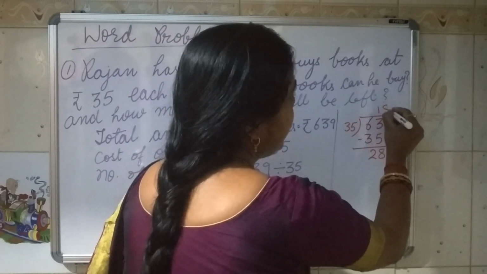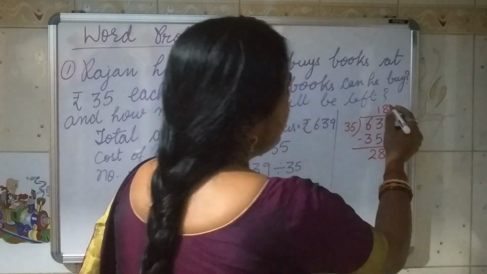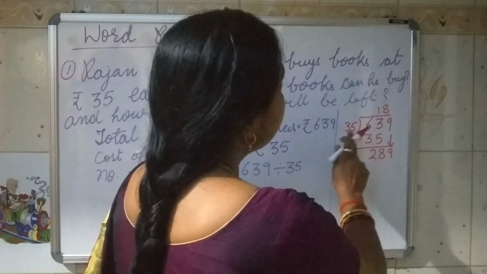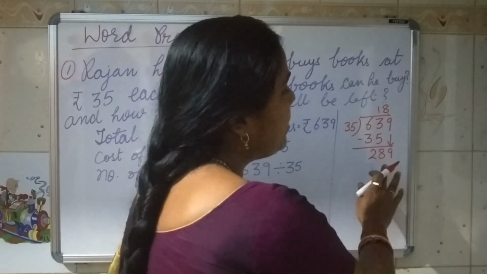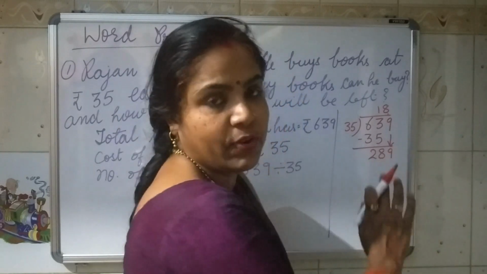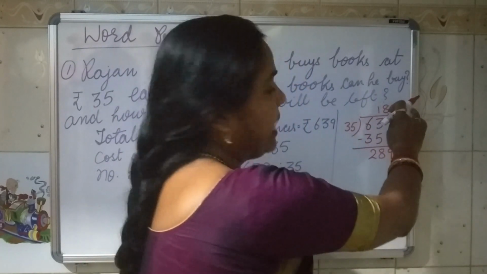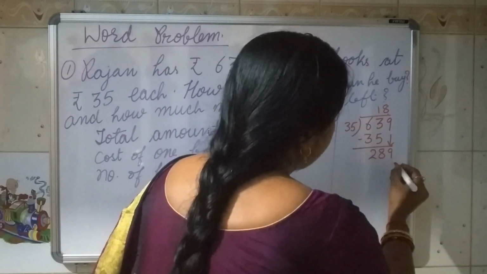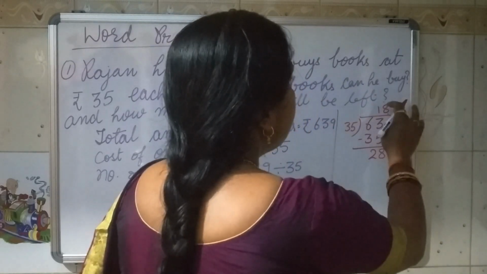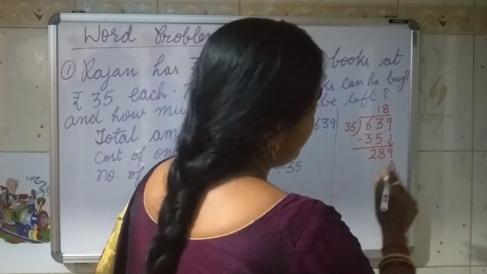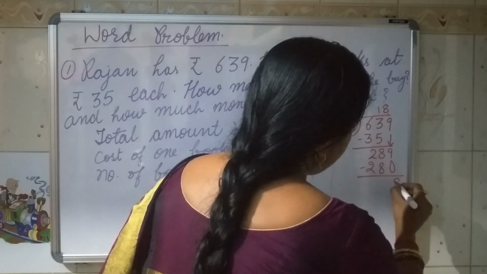So I will go for 8 times. 35 multiplied by 9 will come more than this 289, so I am going less than this. I am going for 8 times. So 8 fives are 40. Carry 4. 8 threes are 24 and 4 is 28, minus 9.